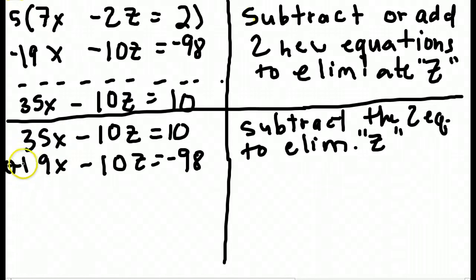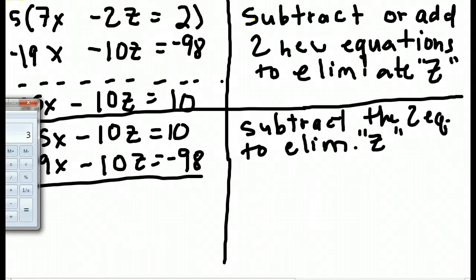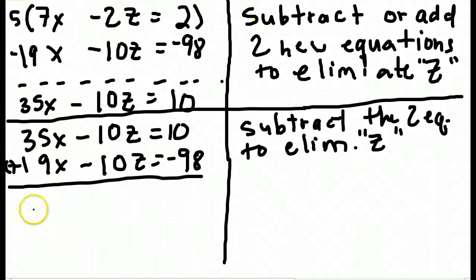So we basically get 35x plus 19x. And then what does that give us? 35 plus 19, not multiplied, so that gives us 54x.